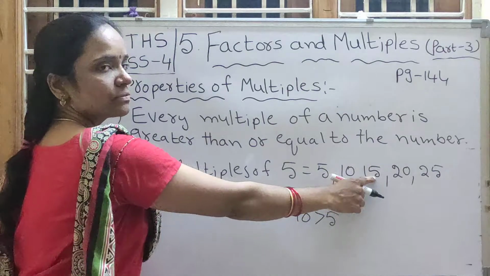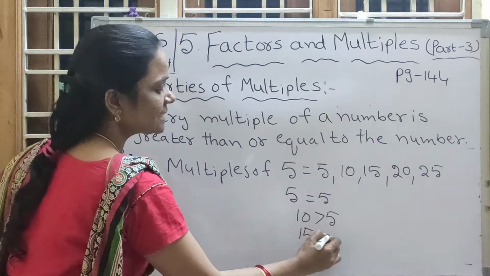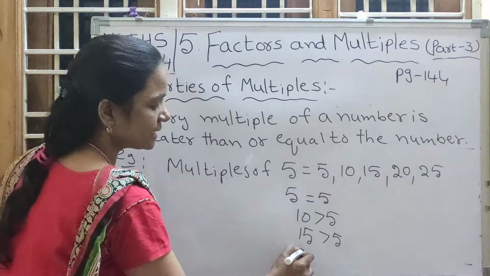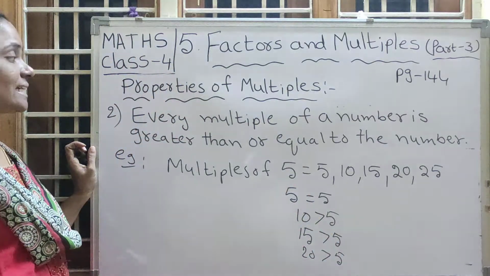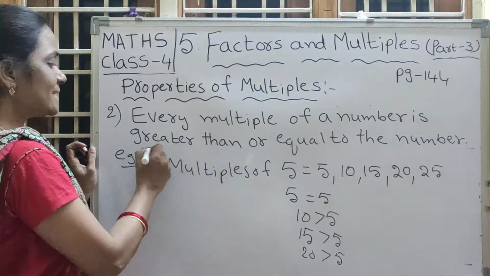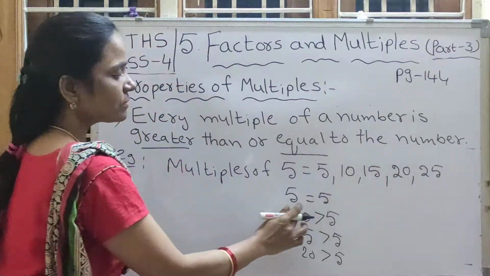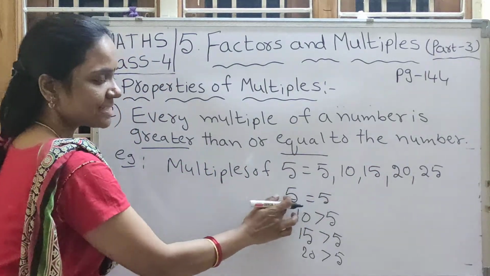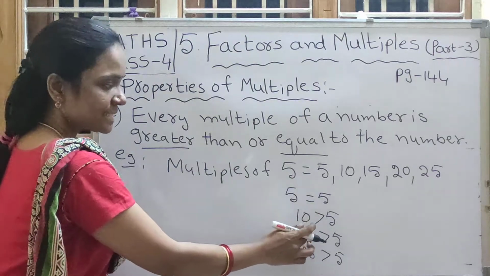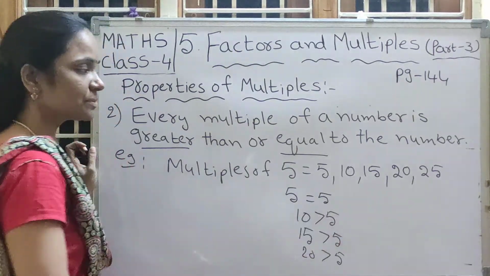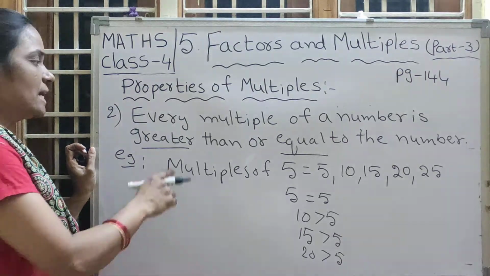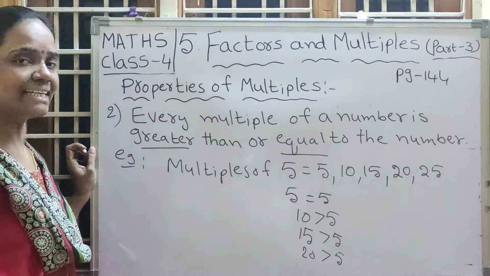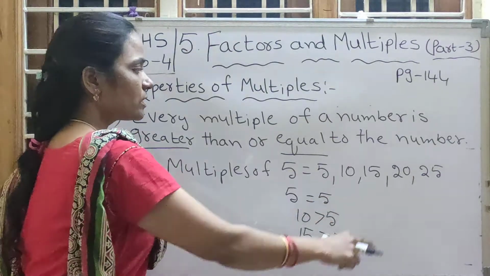Next, the third multiple is 15, which is greater than 5. Next is 20, which is greater than 5. So from this we can say that every multiple of a number is greater than or equal to the number. Here 5 is equal to the given number, but 10 is greater than the given number. So this is the second property.